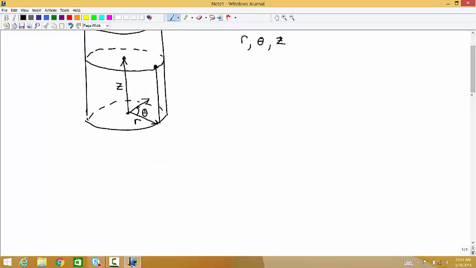And so if we want to calculate the acceleration of a point, I guess let's do velocity too.